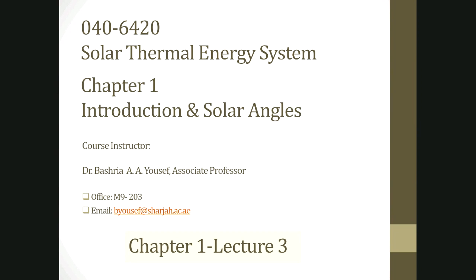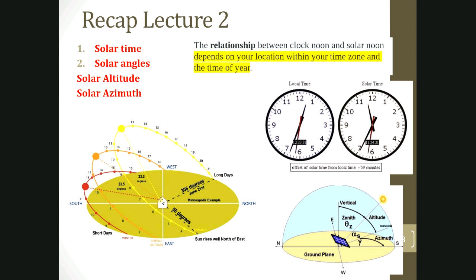So in the previous two lectures, we have already covered the sun positions. In the previous lecture, we talked mainly about two points. The first one was solar time, and we knew that we have a difference between our clock noon, or our clock time, and the solar noon.